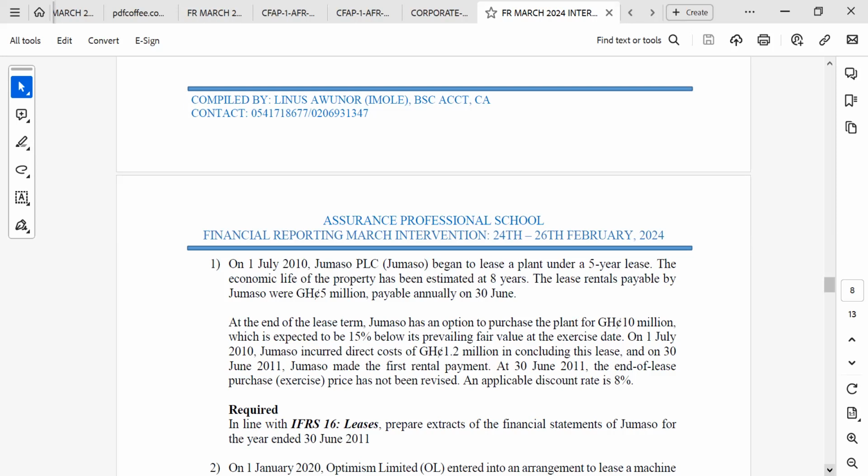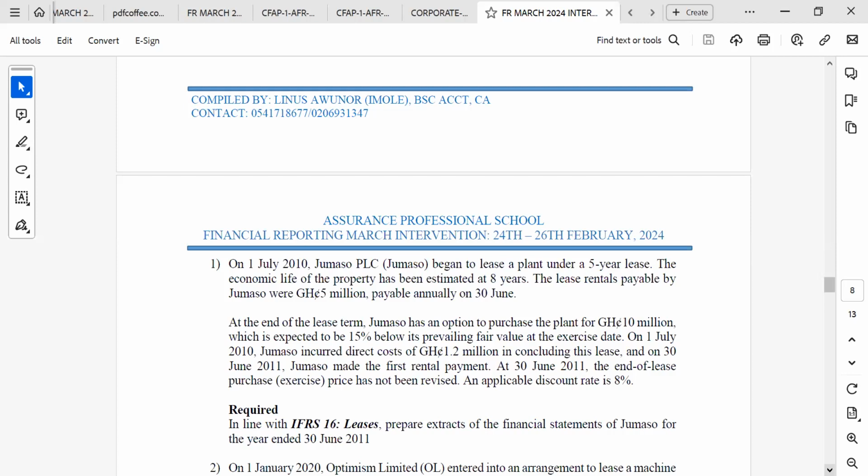Or a finance lease is a situation where the lessee has the option to purchase the asset after the lease period, or the lease term covers half of the useful life of the assets. So they can give you some situations in the question to tell you that okay, this is a finance lease. But what you have to know is that for finance lease, the maintenance, insurance, and those things are being passed to the lessee.